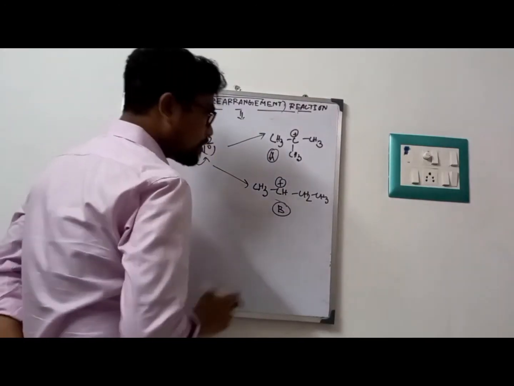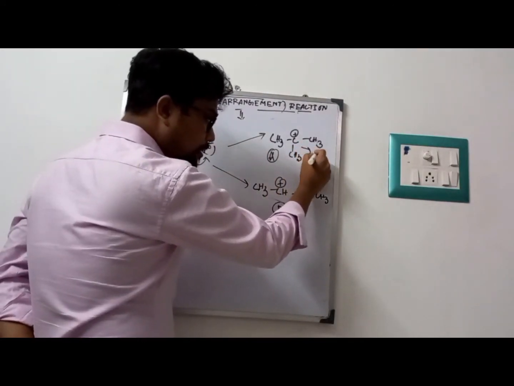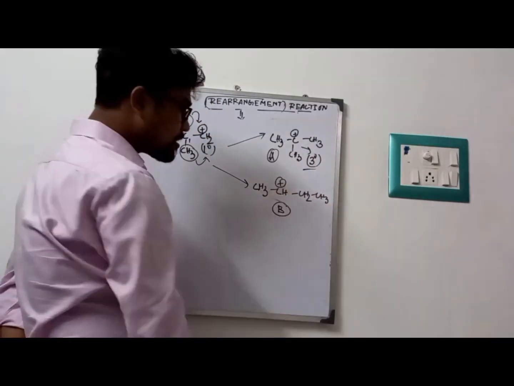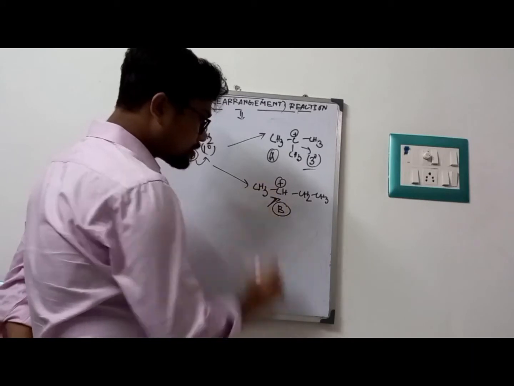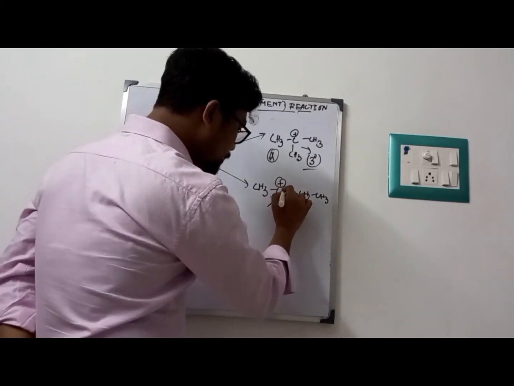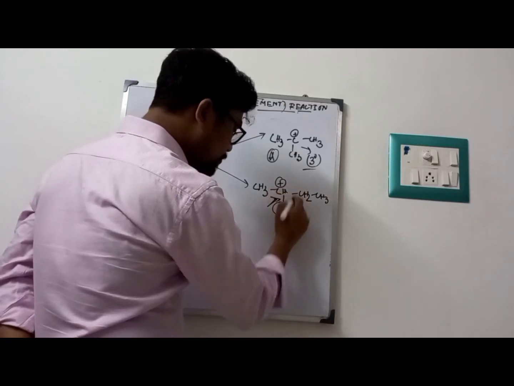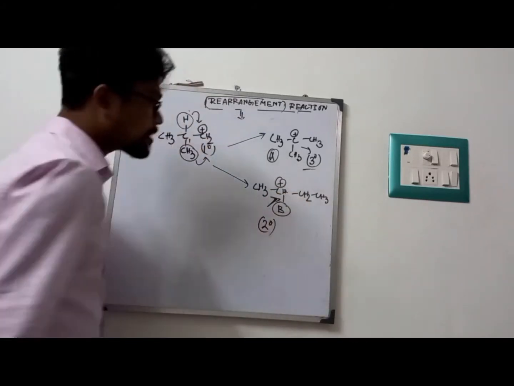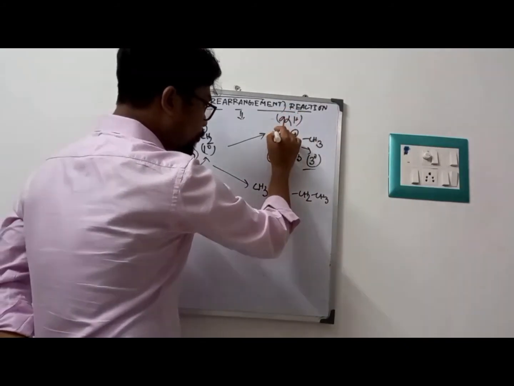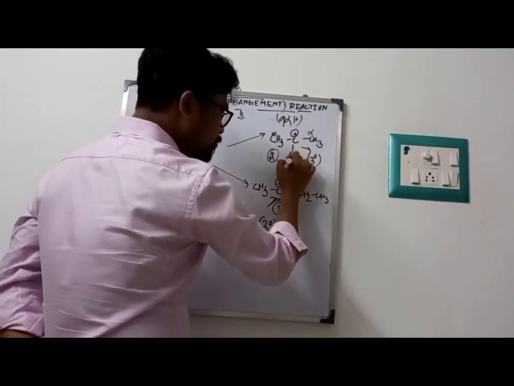Now look very carefully. This is a 3 degree carbocation, and this one, this carbon is attached with 2 carbons, so this is a 2 degree carbocation, and this has 9 alpha hydrogens. Look very carefully: 1 alpha position, 1 alpha position, 1 alpha position.